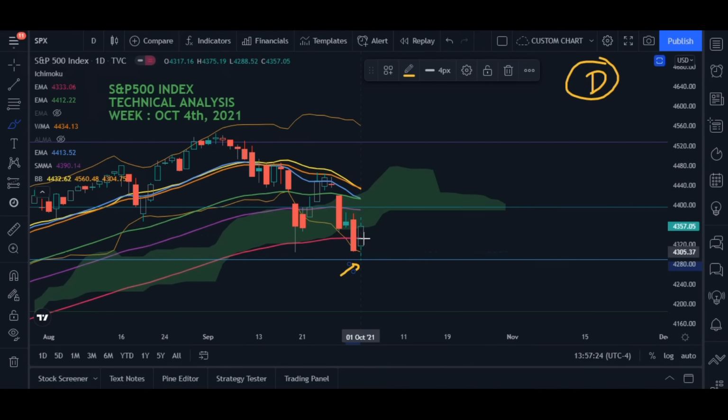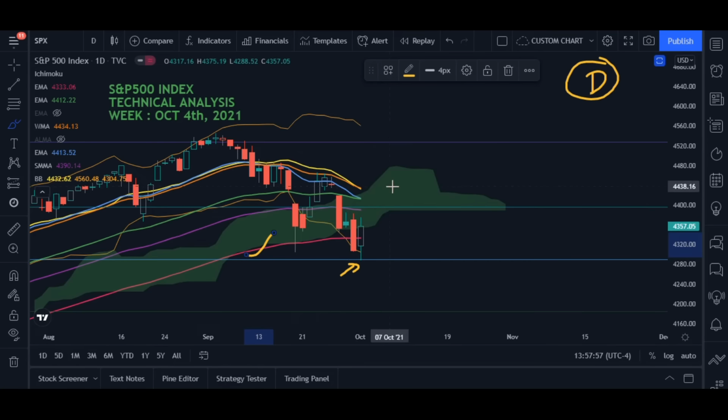So there was a rebound in the market, and the S&P 500 index on the daily basis closed above this moving average. This is not a good indication for the bears, because the candle was supposed to close below this moving average. Currently it is at 4,333. But the market managed to close above this moving average.